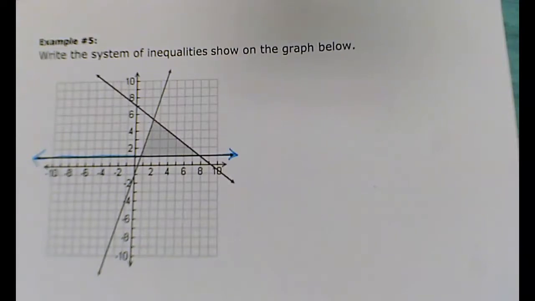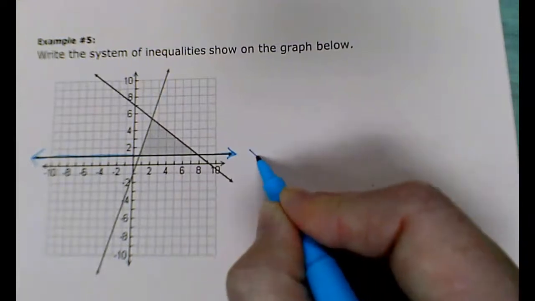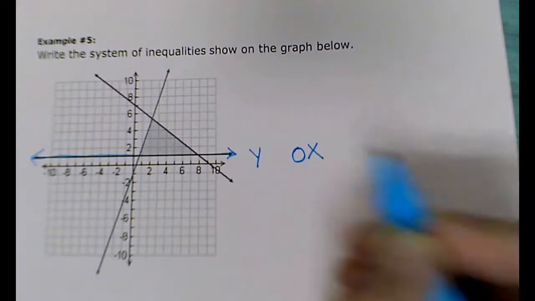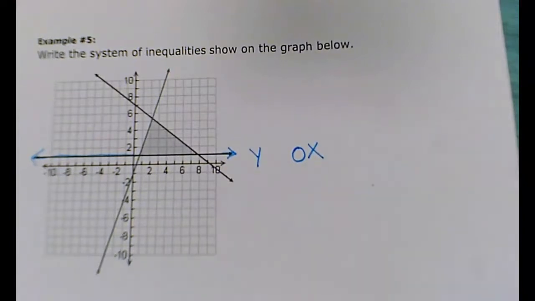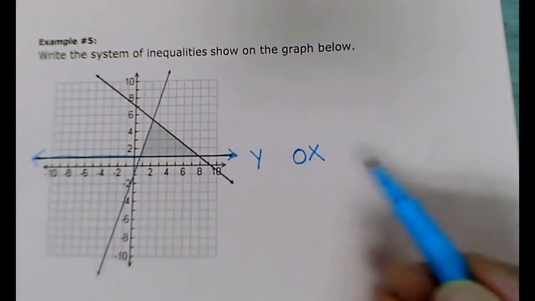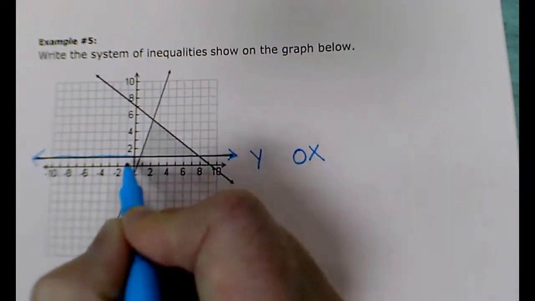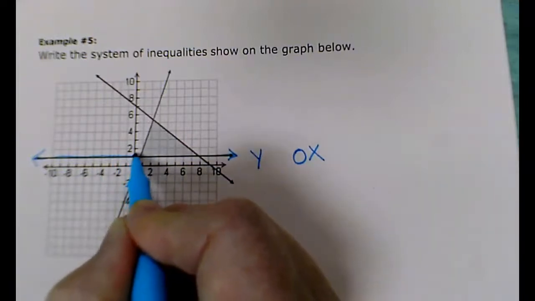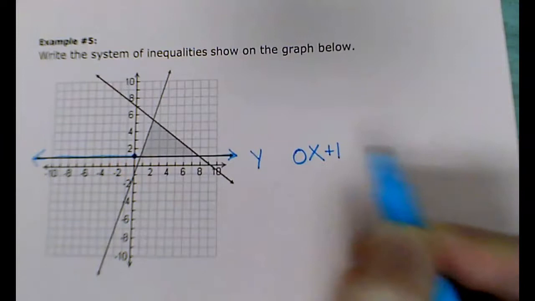Do we know the slope of a horizontal line? Do you know that the slope is 0 for a horizontal line? And notice I didn't put the equal sign yet because I've got to figure out whether it's greater than or less than. And so this is the y-intercept.